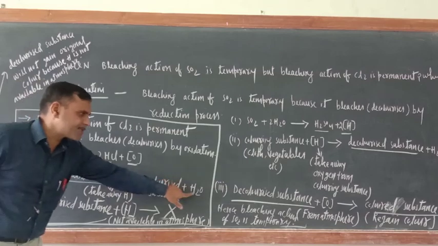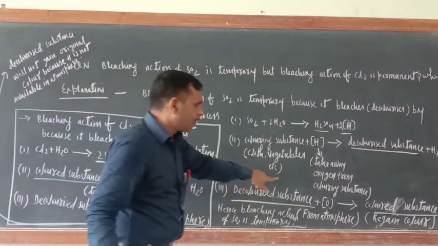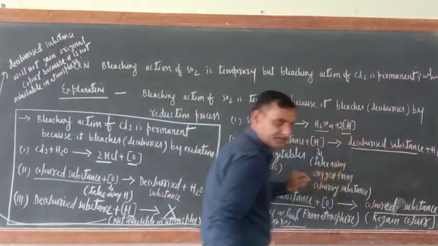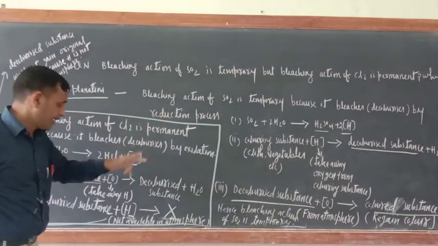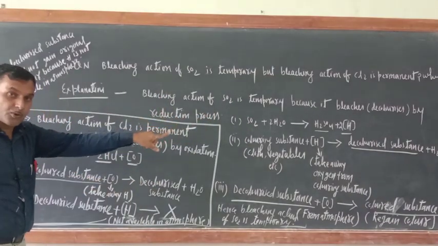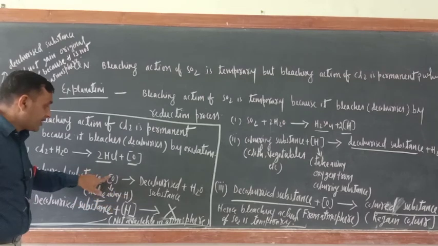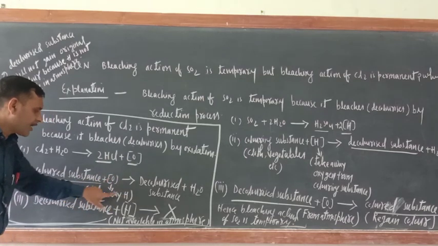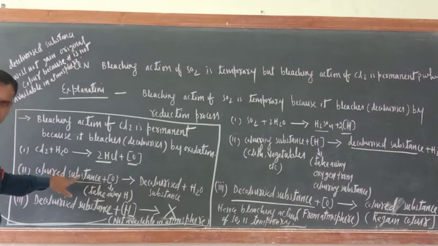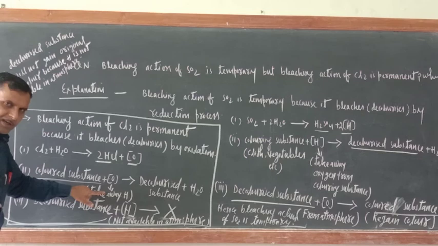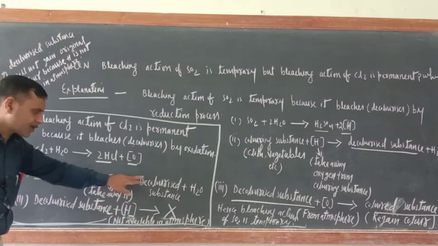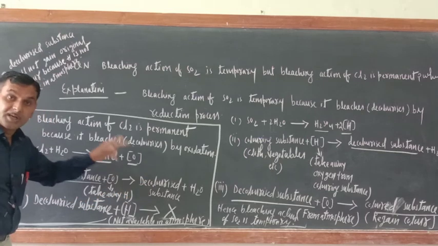That is why water is evolved here, and there also water is evolved, but the process is different. In the SO2 case, hydrogen was taking away the oxygen. Here oxygen is taking away hydrogen from the colored substance. So in the colored substance hydrogen is not there. That is why it is decolorized.